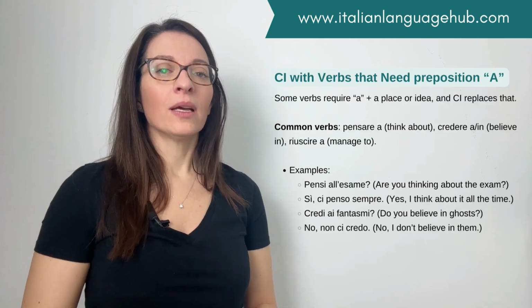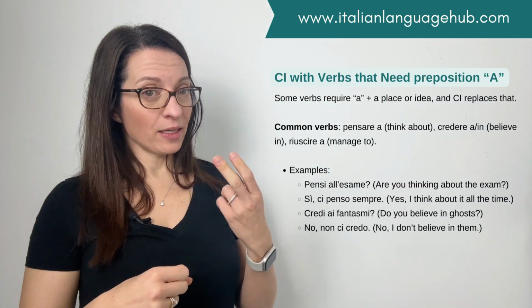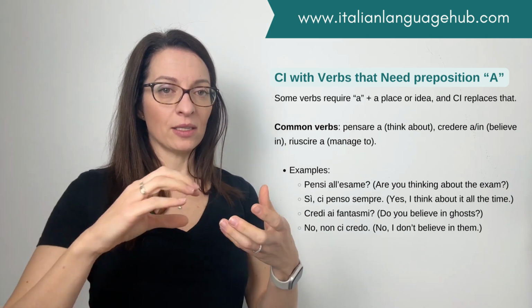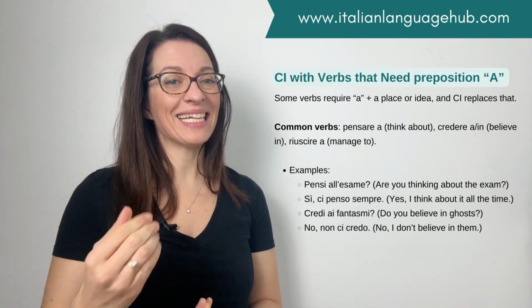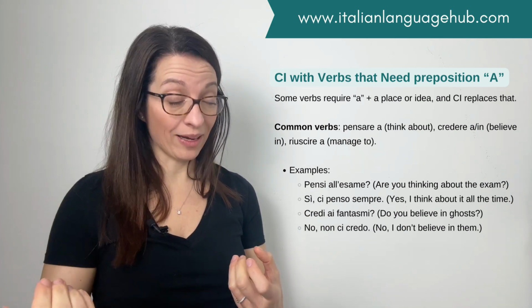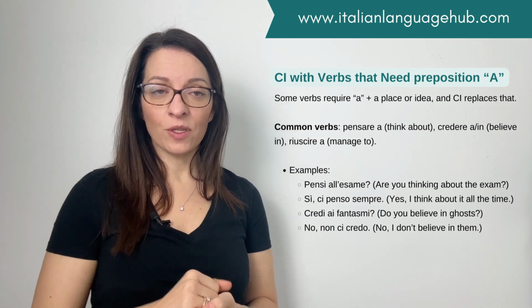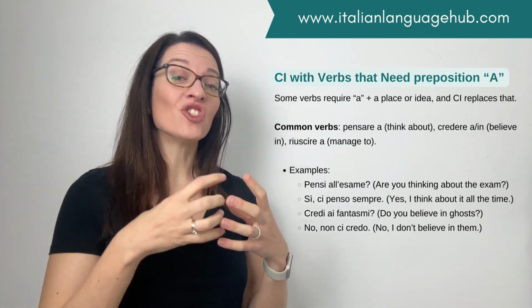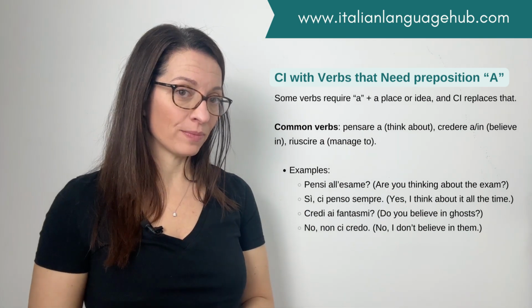Now, the second way of using it is when ci is together with verbs that need the preposition a. Some verbs require a plus a place or idea, and ci can replace that.